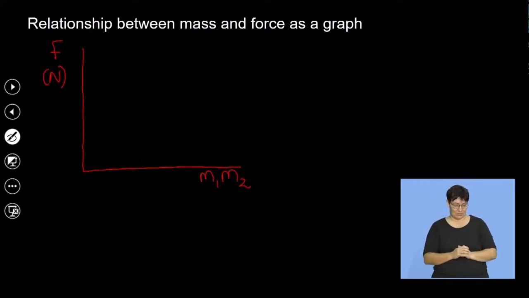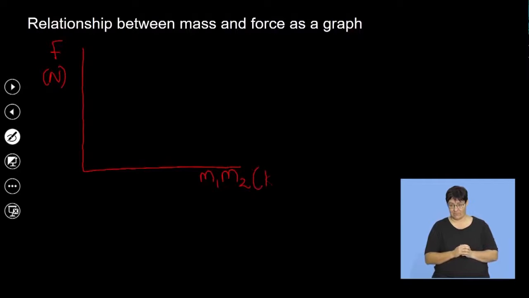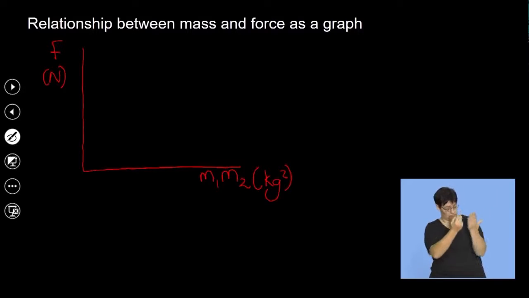We now need to think about the units. Mass is measured in kilograms, but I have mass times mass, so it's actually kilograms squared. We would then get information, and now we plot it on the graph.